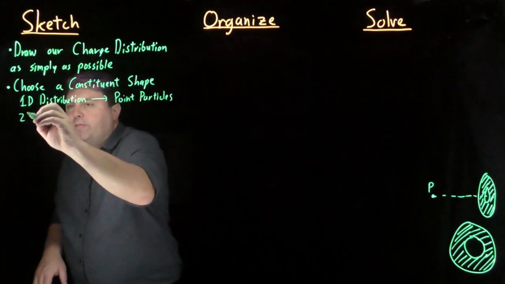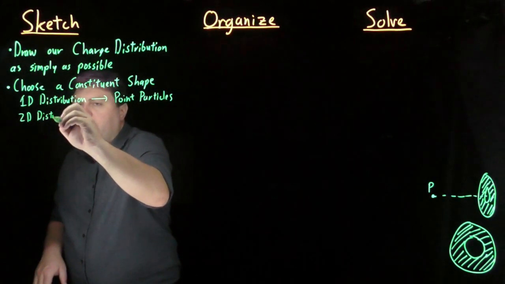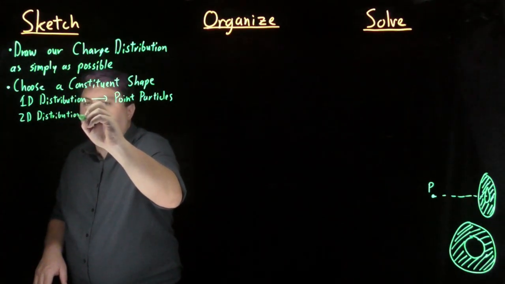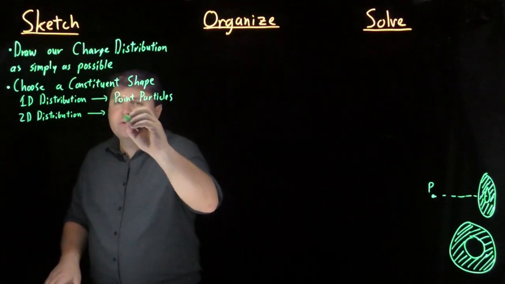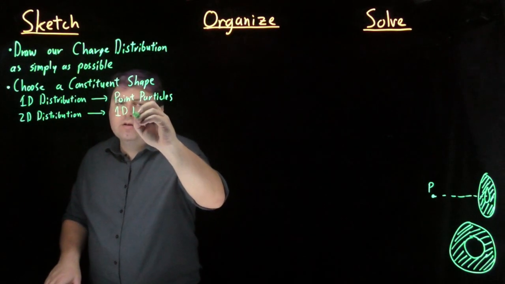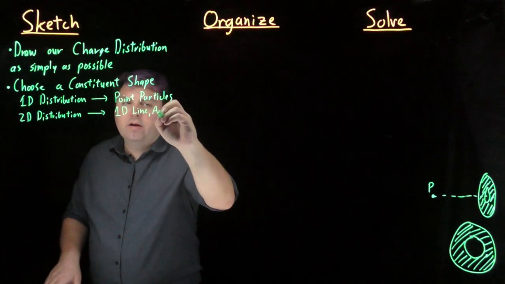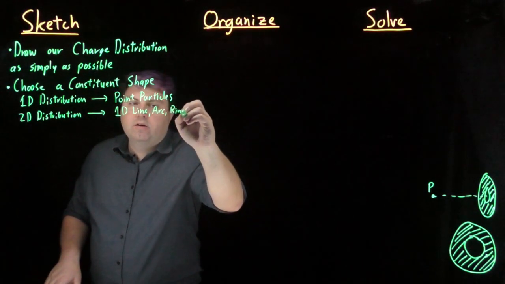If we have a 2-dimensional distribution, then we want to make it out of something with 1 less dimension than 2 dimensions, which is going to be 1D. So that's going to be a 1D line, arc, or ring.